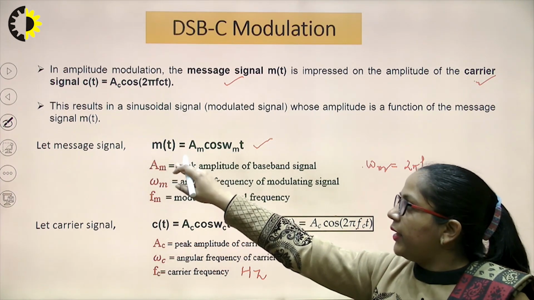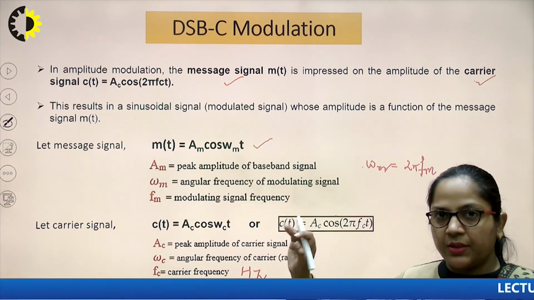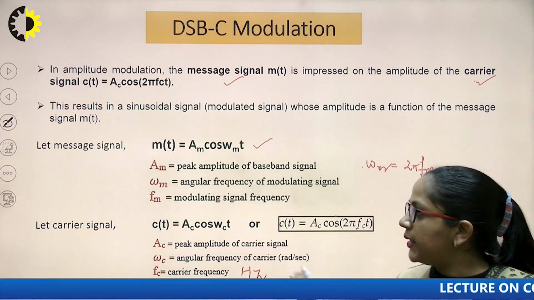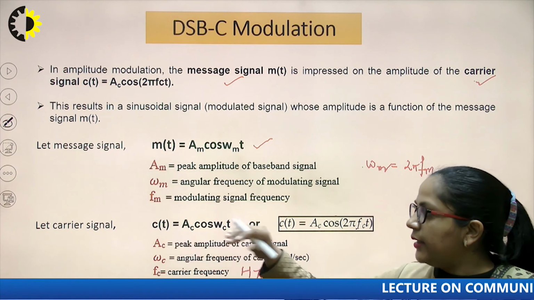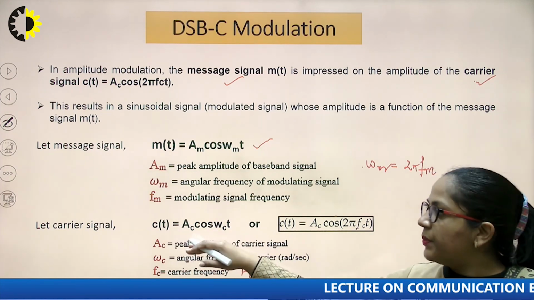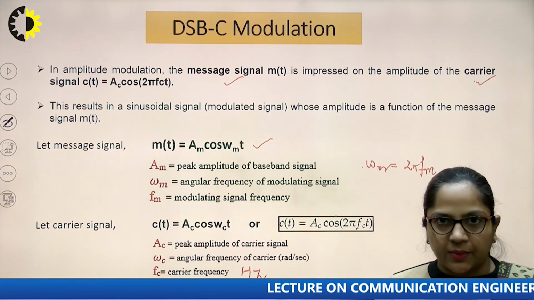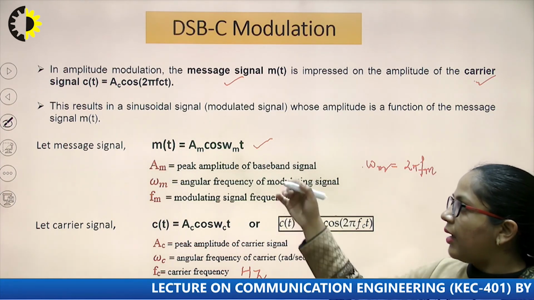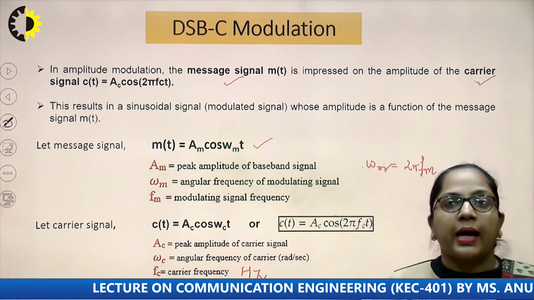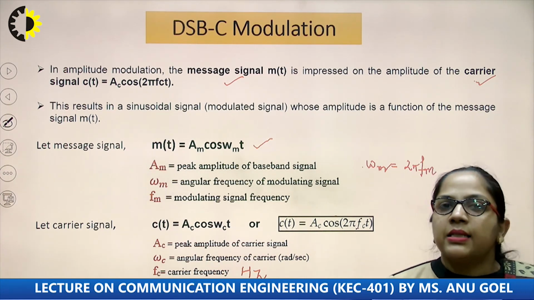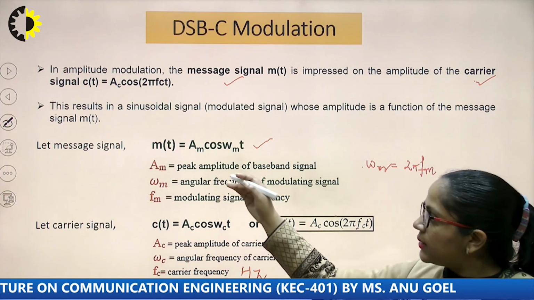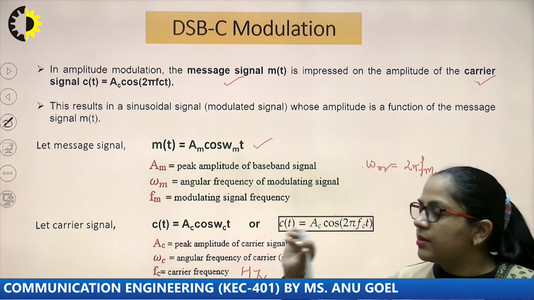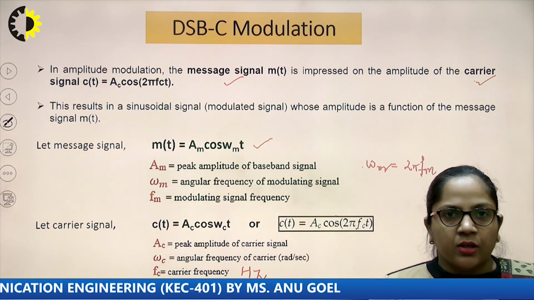Here we have taken our message signal and represented it mathematically, then we have taken the carrier signal and represented it mathematically. So what will be done later, after selecting the message signal and carrier signal? The next step is to superimpose this message signal over this carrier signal.